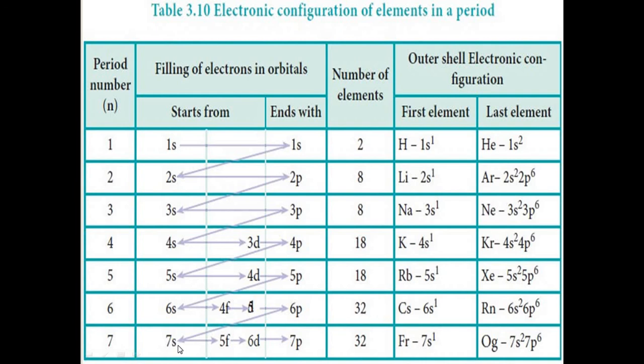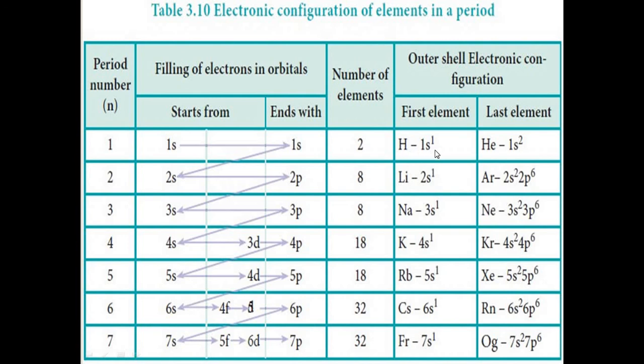Okay, then next, that is 7s to 5f to 6d to 7p. 32 elements are there, which means these are the magic numbers, that is 2, 8, 8, 18, 18, 32, 32. These magic numbers are used to understand the periodic table, in which here we can see the outer shell electronic configuration, first element and last element.